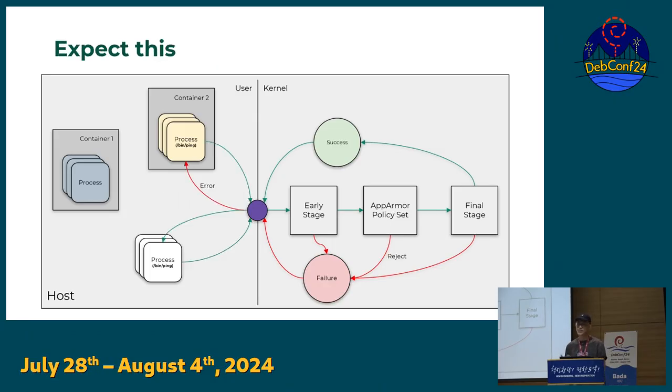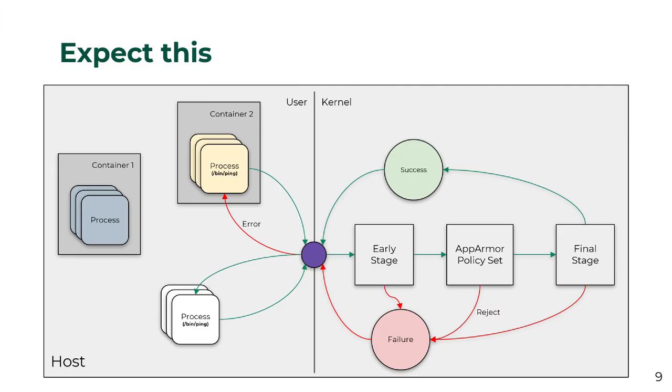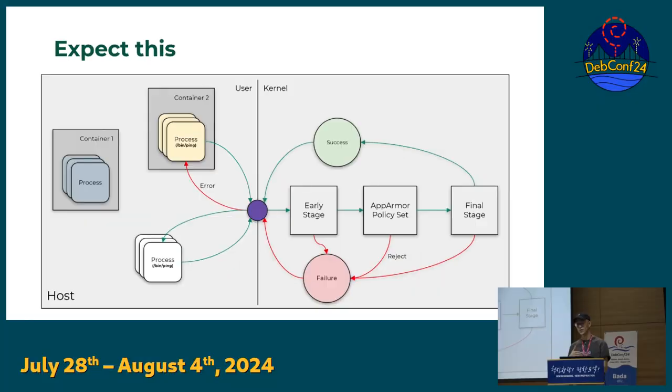Let's imagine you built a system like the one shown on the screen with a couple of containers and a kernel working with AppArmor. You want the ping program to work properly on the host while the same program in a container is not allowed, regardless of the kernel implementation.